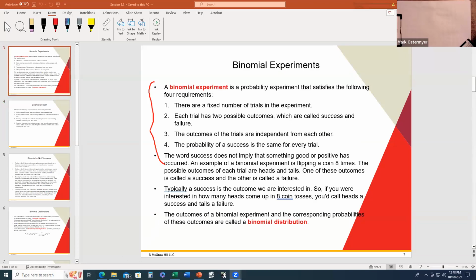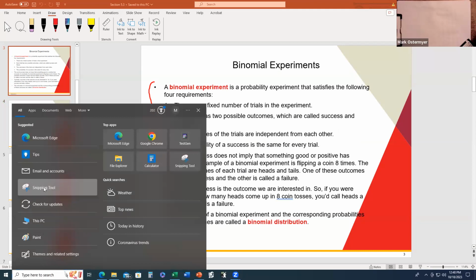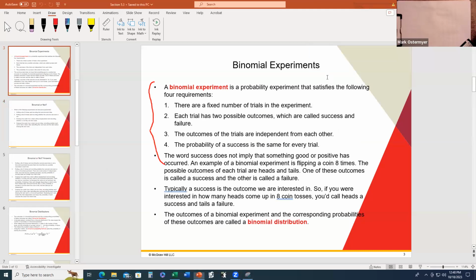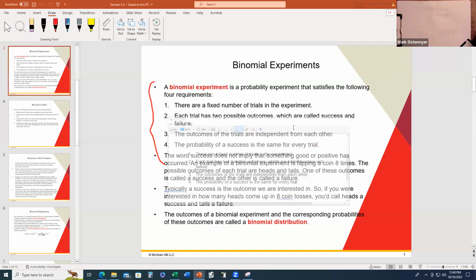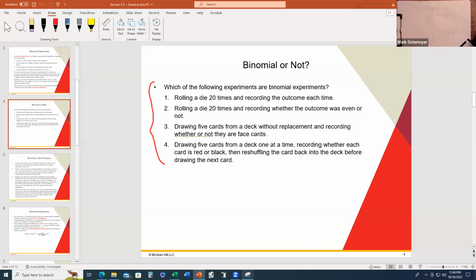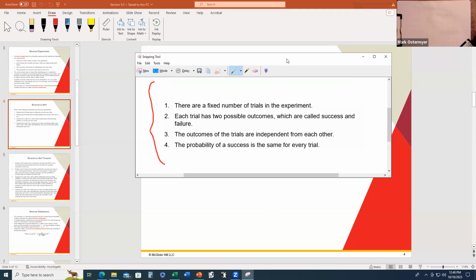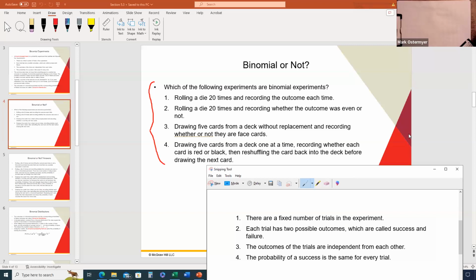I'm going to use my snipping tool to snip these 4 requirements for an experiment to be a binomial experiment, and bring this up and get it out of your way. There you go. For each of these problems, 1 through 4, I want you to determine which ones are binomial experiments, which ones satisfy all 4 requirements. Go ahead and do that. That'll be classwork number 1.